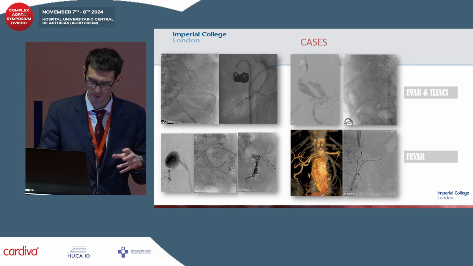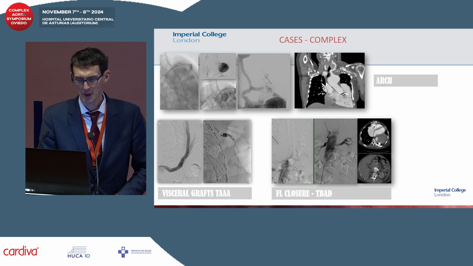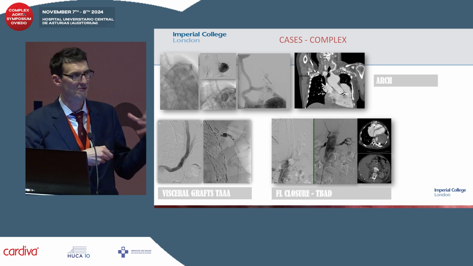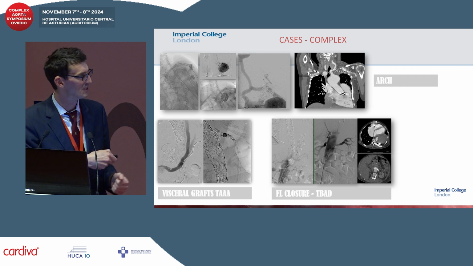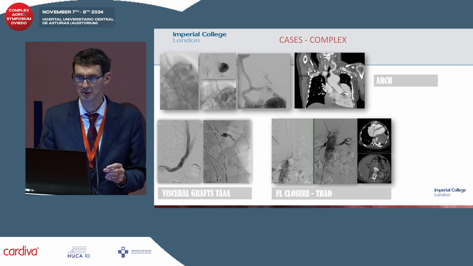That was our favourite operation, the FEVAR cannulation outside of the room. We got more complex and we went to carotid artery stenting and really fixing some of our endovascular disasters with our visceral hybrid grafts and trying to close false lumens in type B aortic dissections.